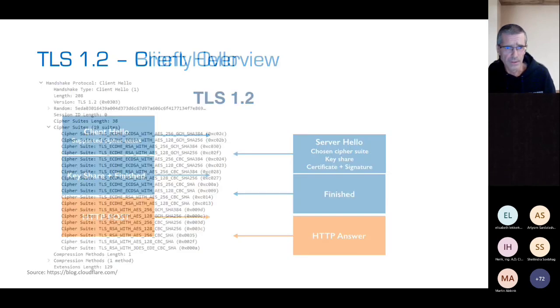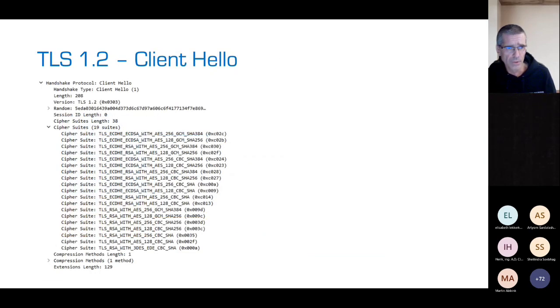Now we go a little bit deeper into these packets. This is a capture from my client to my web server. As you can see here, under cipher suites, this capture comes from Wireshark. My client will send a list of cipher suites to the server. It starts with the most secure one and ends with the least secure one.